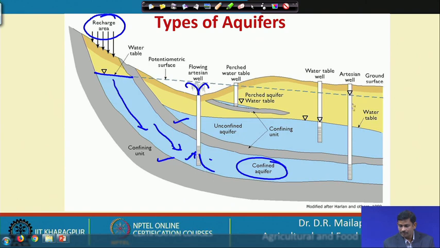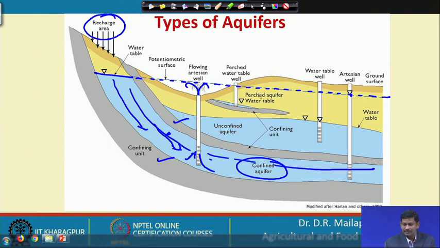Here also, if you drill a hole and you get the water level here, whatever line we are showing will give the pressure head at this point, and the pressure present in this confined aquifer. This is also called the piezometric surface or potentiometric surface.